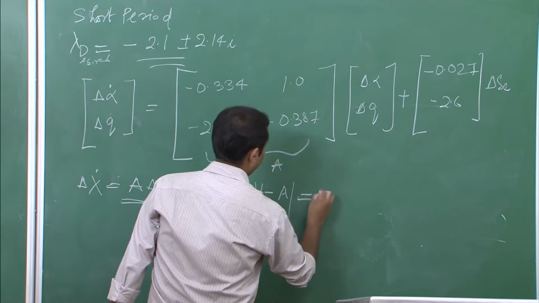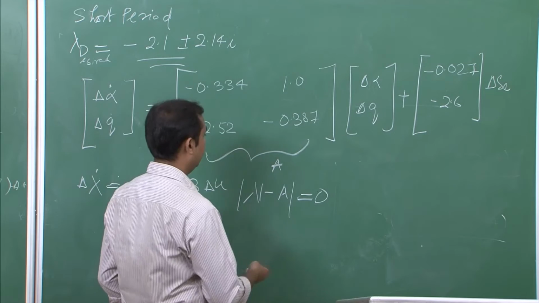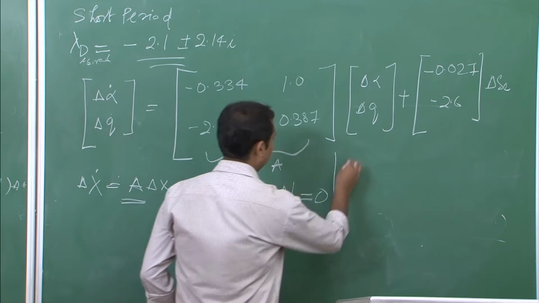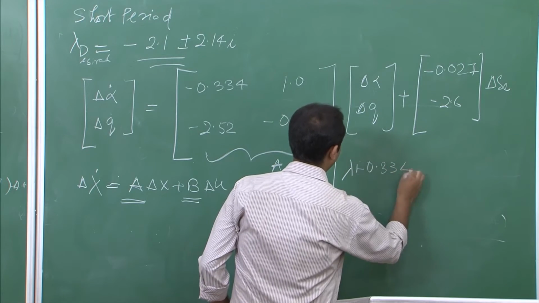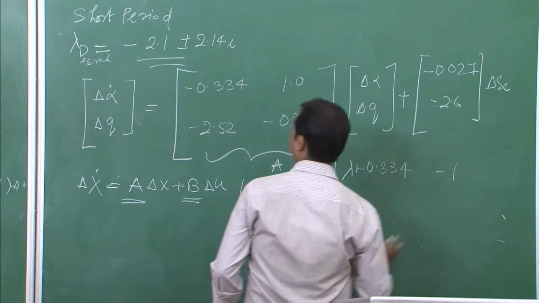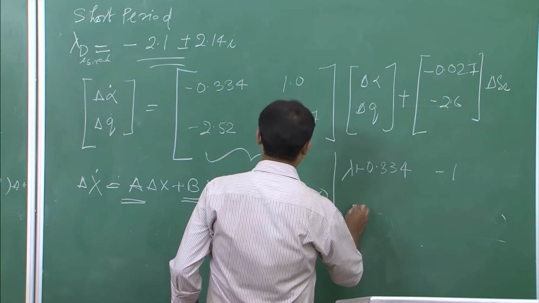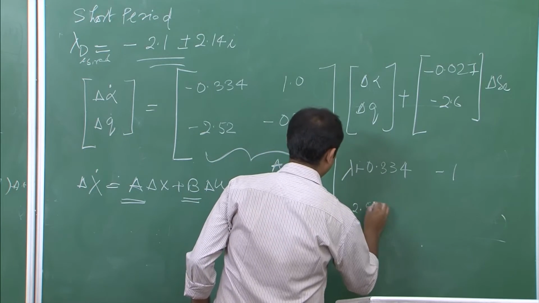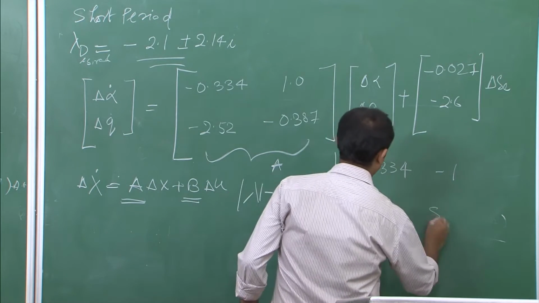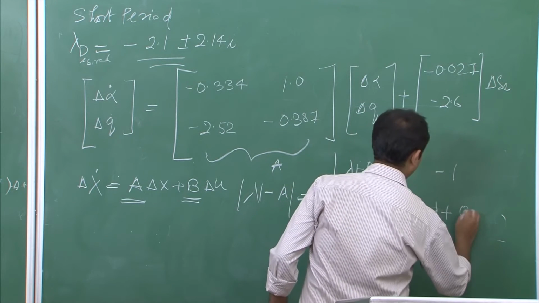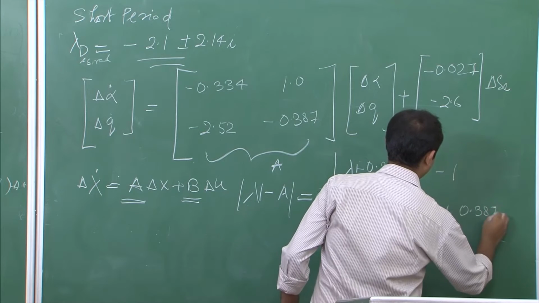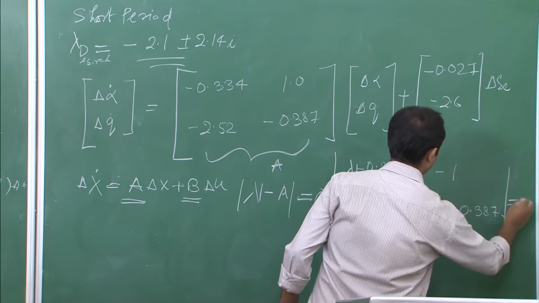Determinant of this equals 0, which will give me, for this A matrix, lambda plus 0.334, minus 1, 2.52, lambda plus 0.387, determinant of this equal to 0.